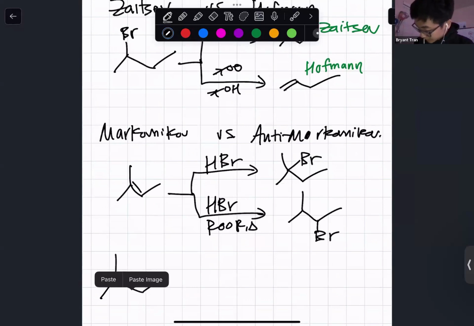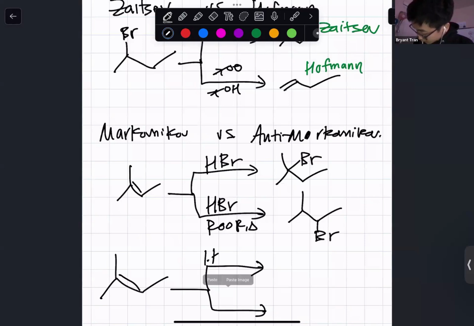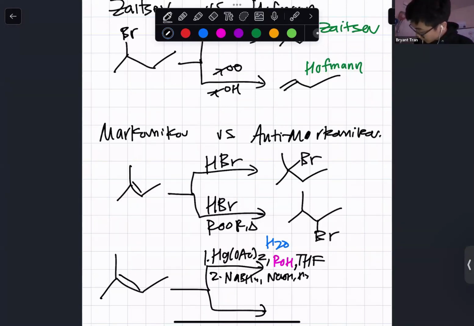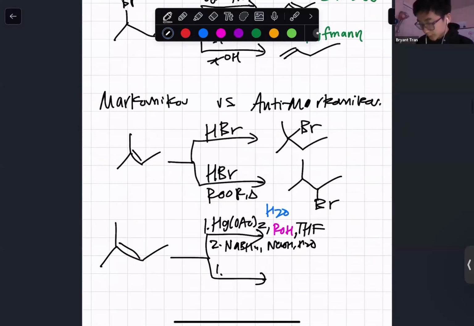Another one that you could see is oxymercuration demercuration, with either H2O or ROH as the nucleophile in a protic solvent. Second step, NaBH4, NaOH, water. Or the second way you could do is hydroboration oxidation with BH3, THF.